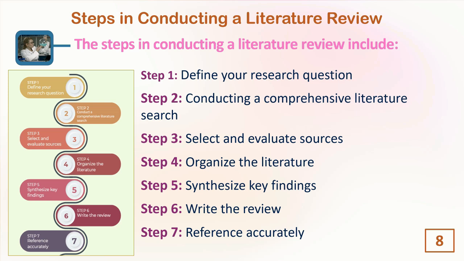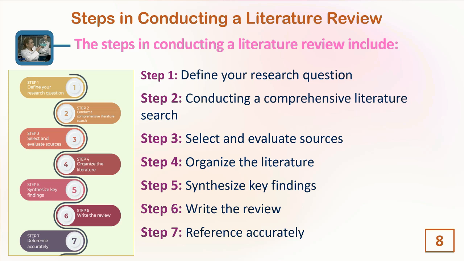This involves systematically identifying all relevant published and unpublished sources that are related to your research question. Databases, journals, institutional repositories, and grey literature sources are typically searched. The goal is to gather a wide and balanced body of evidence and to avoid biases or narrow viewpoints.